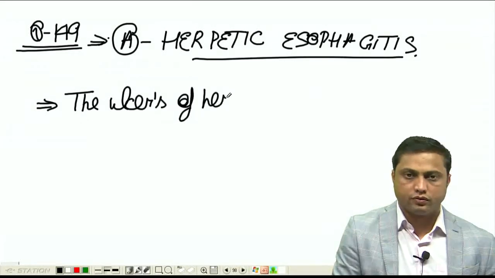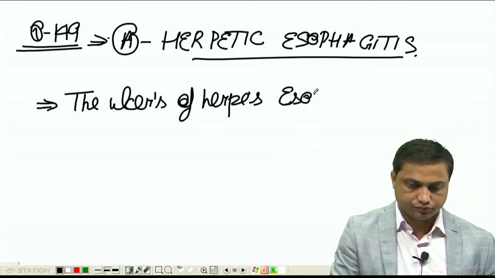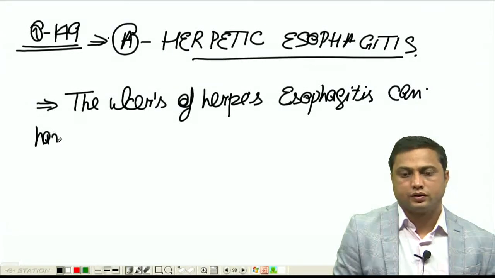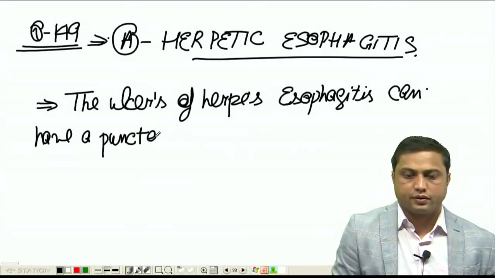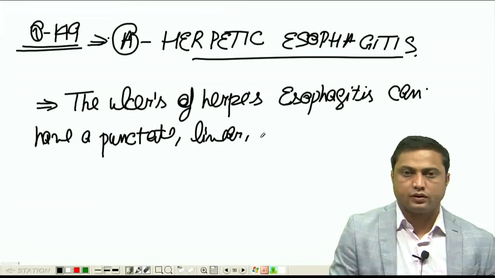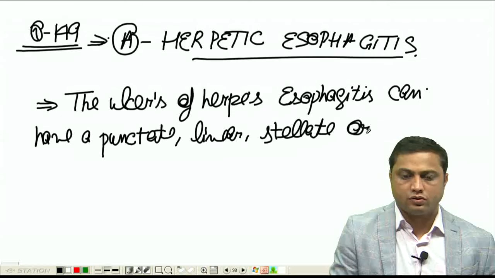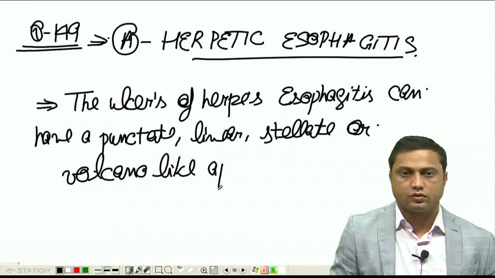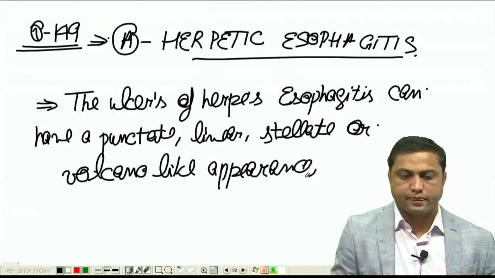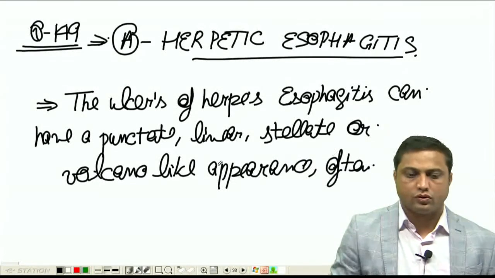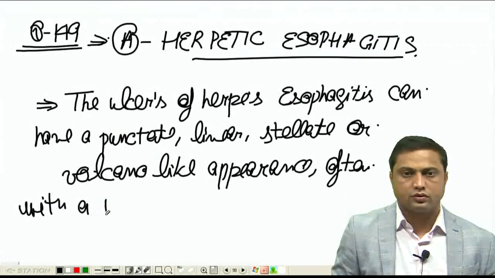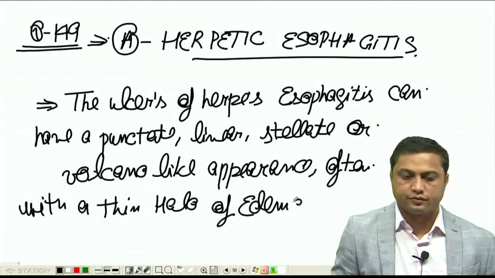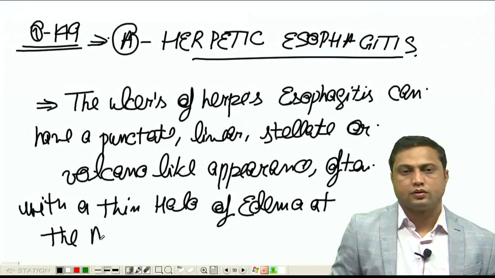The ulcers of herpes esophagitis can have a punctate, linear, stellate or volcano-like appearance, often with a thin halo of edema at the margins.